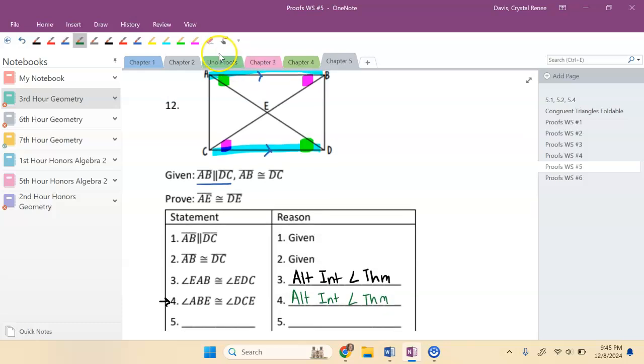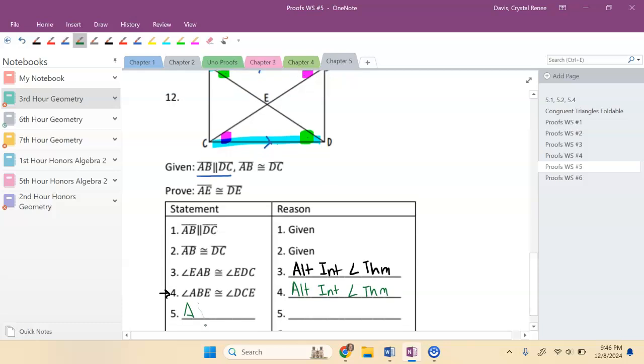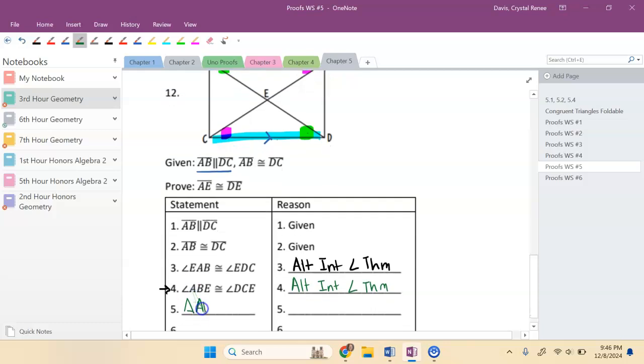Well now if I look at this triangle up top and this triangle down below, I have a side, angle, angle, side, angle and an angle, side, angle. So I could say those triangles are congruent by angle side angle. So triangle ABE is congruent to triangle.